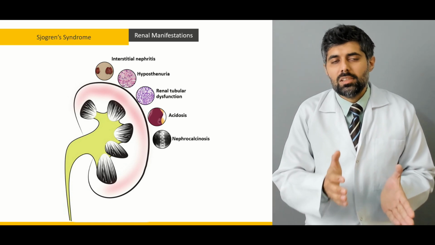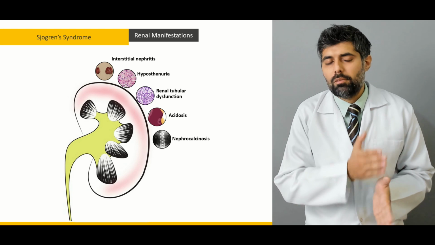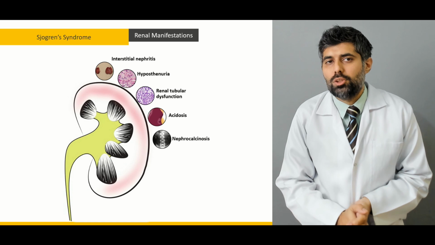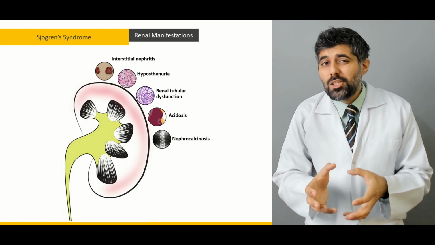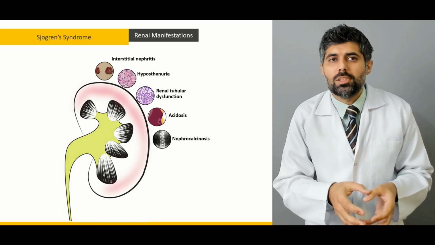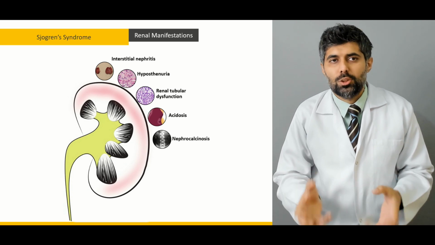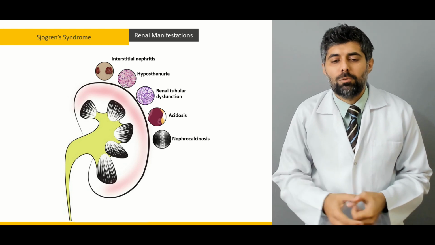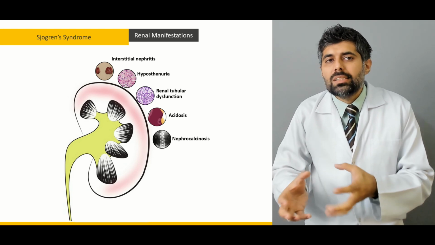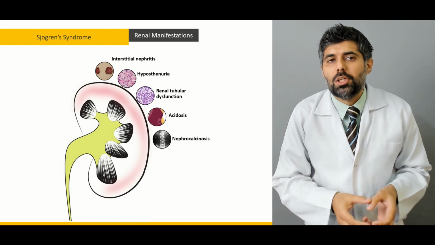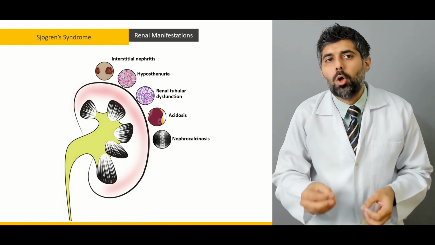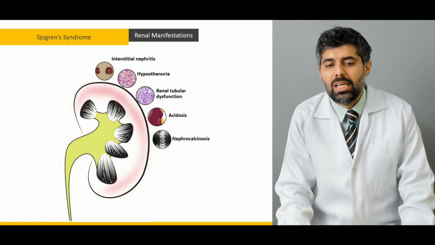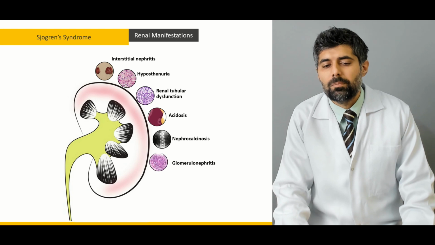Now, if this condition is given full extent, it can even result in nephrocalcinosis. Usually, calcium is deposited in the pelvis of the kidney, forming calcium stones. But in Sjogren's syndrome, due to the infiltration of the lymphocytes, what we get is deposition of calcium in small quantities along the whole of the cortex, and this is termed nephrocalcinosis.